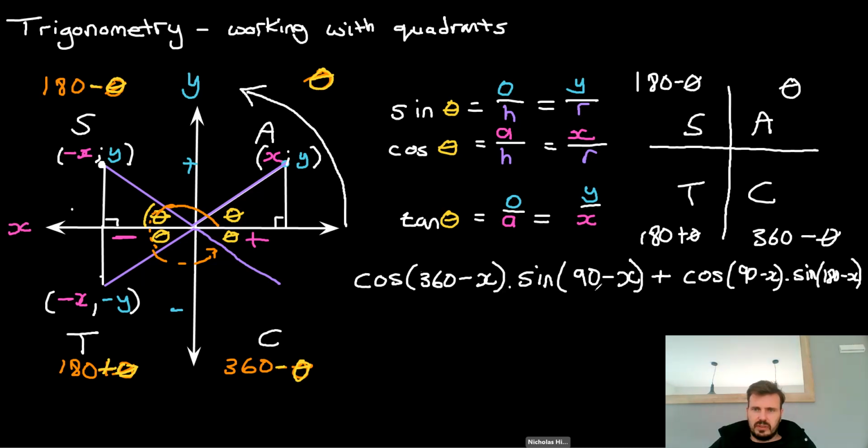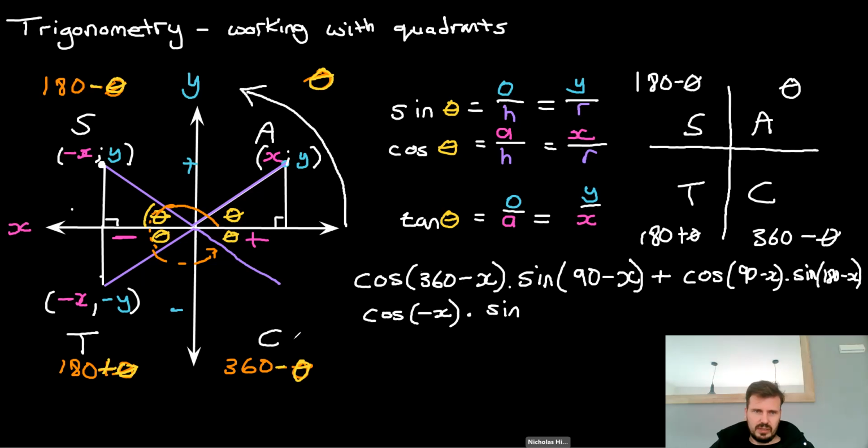Okay, so here, this is a type of question where you have to reduce everything to an acute angle. Now, anytime we have a 360 minus, we can actually just take off the 360 and just write that. And then the sine 90 minus x.